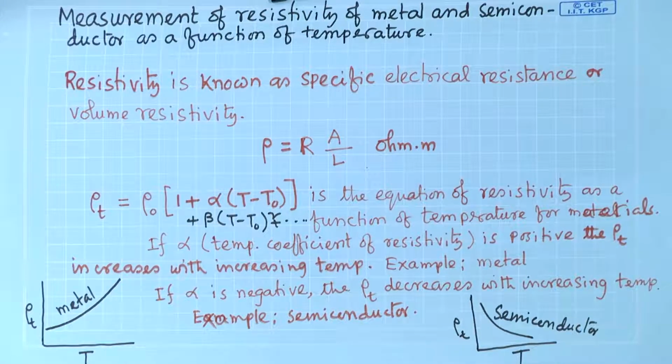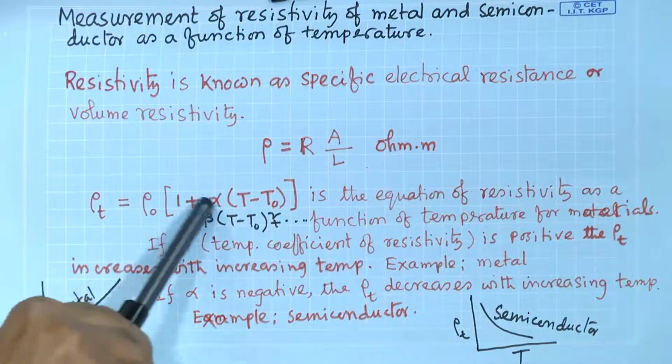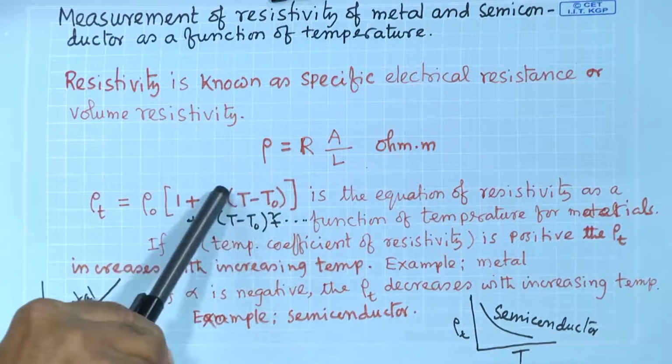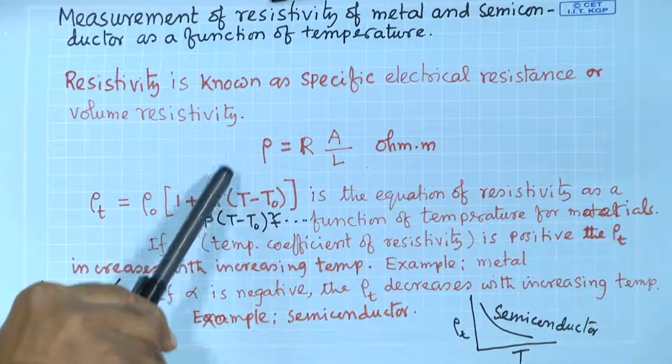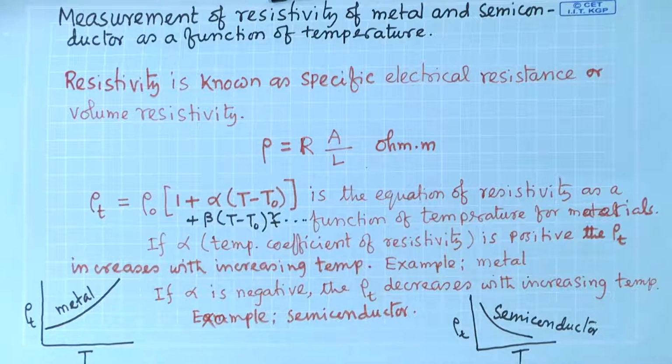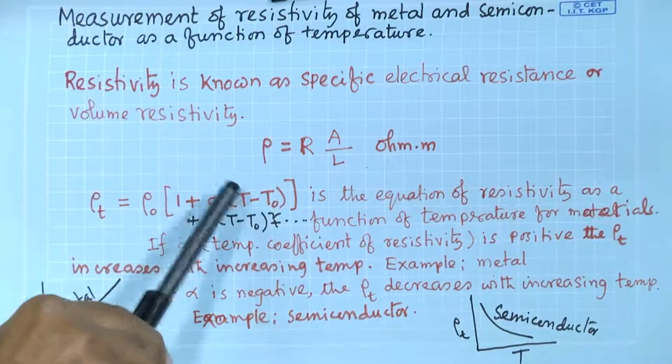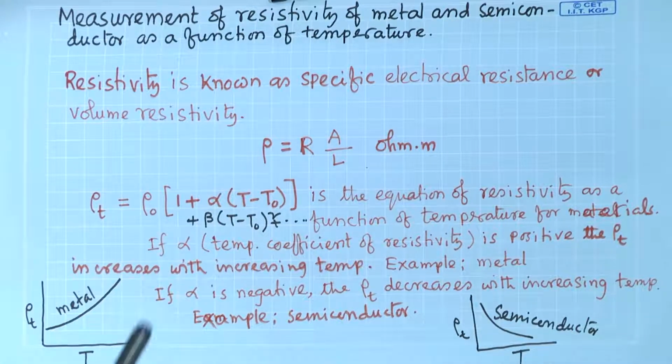So, here you see, if we take just only the first order term, 1 plus alpha T minus T 0, then T is the present temperature, and T 0 is the initial temperature. It can be room temperature or some other temperature.